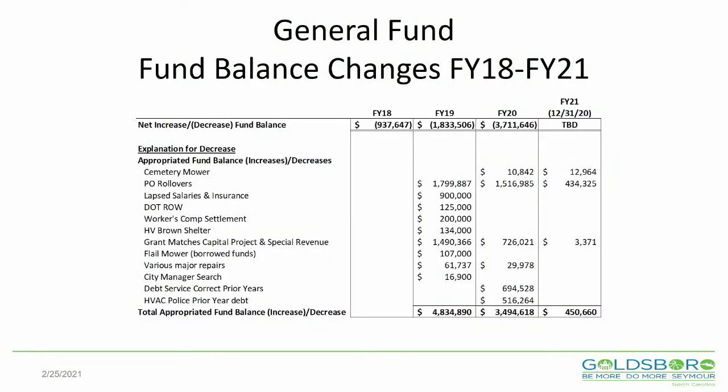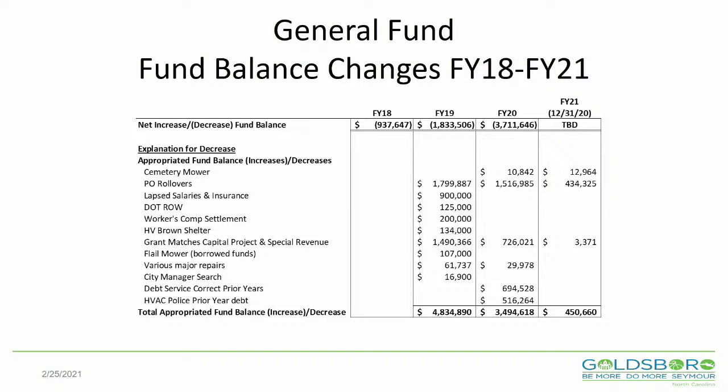And what I'm going to do on the next 3 slides is try to explain to you how that happened. How did you, with a balanced budget, go to 1.8 million in the red or 3.7 million? And I will tell you, the vast majority of it comes from appropriating fund balance.